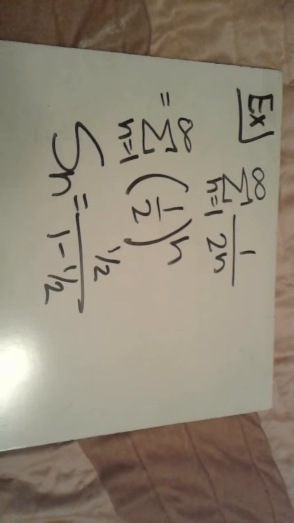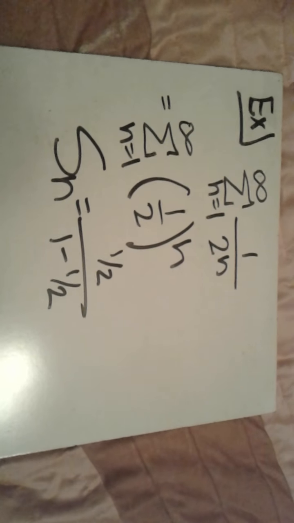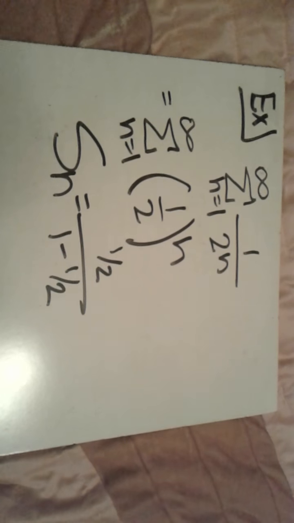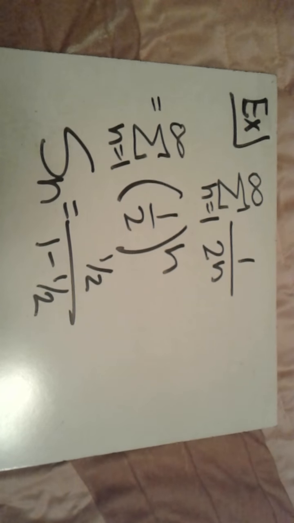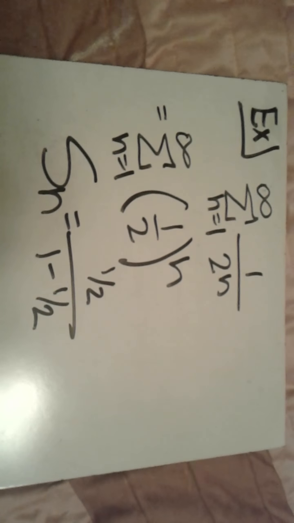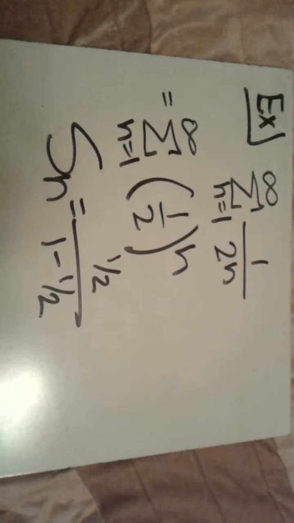For this example, since you know that the r would be 1/2, because the original equation is 1 over 2 to the n, when you take out the n and leave it as the exponent as a whole, because you could do that for the 1, because 1 to the nth of anything would be 1. You take out the n and your r on the inside would be 1/2.